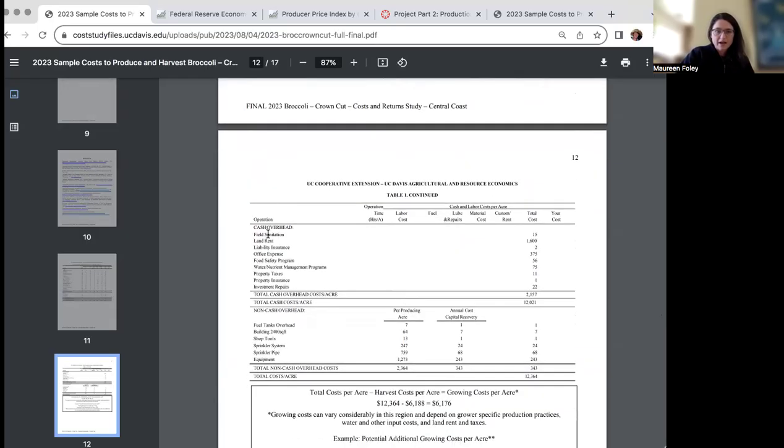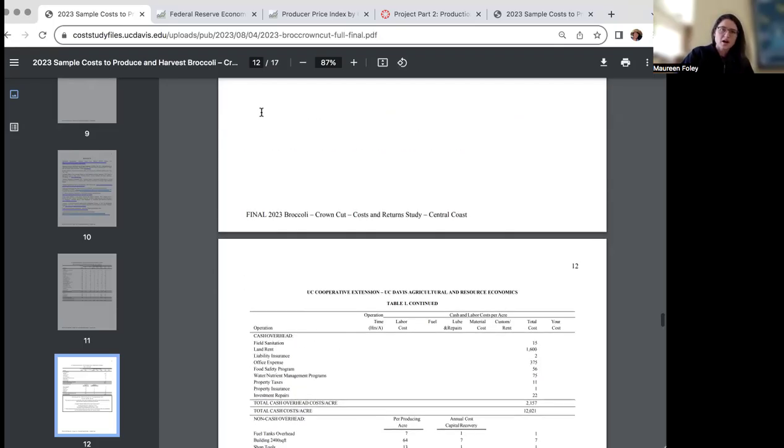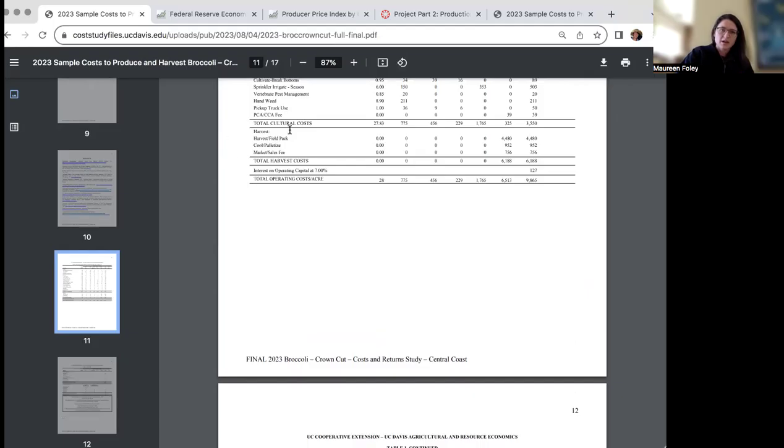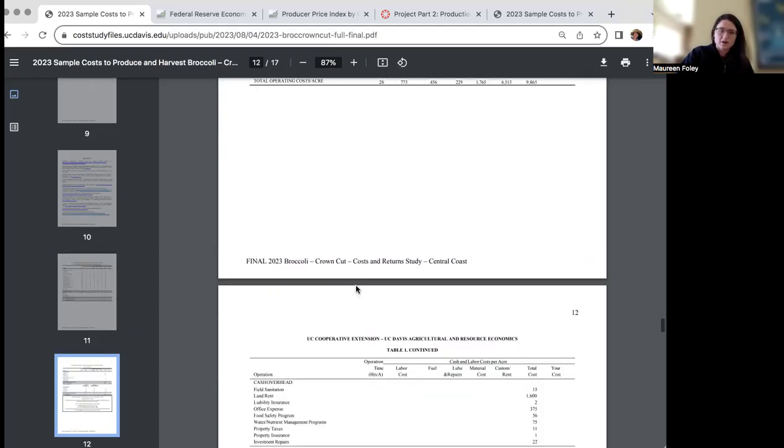So cash overhead, we want to look at cash overhead costs per acre. So for all of those fixed costs, we have 2,157. It's another of the costs we want to look at. And then our total cash costs per acre, which is our fixed costs here, our overhead, plus our variable costs from up here, which is our cultural and our harvest costs.